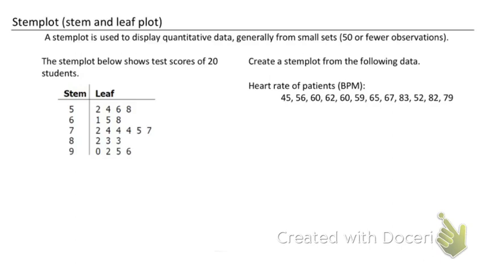Now, a student didn't get 2%. They didn't get 4%. They didn't get 6%. Instead, they got a 52%, a 54%, a 56%, a 58%. So if we look at these leaves right here, they are actually going to equal your N, your number of data.